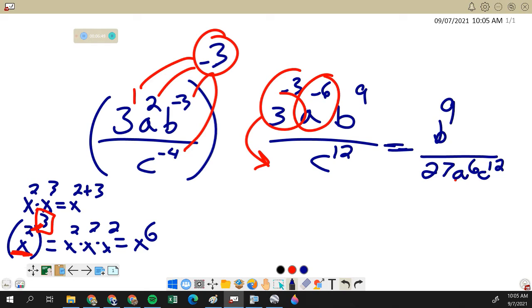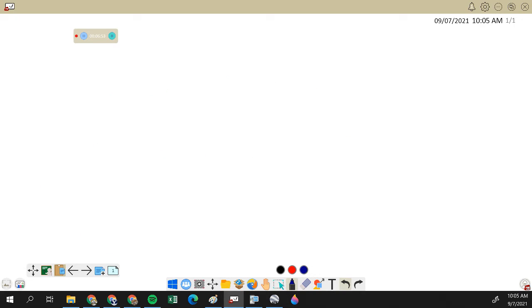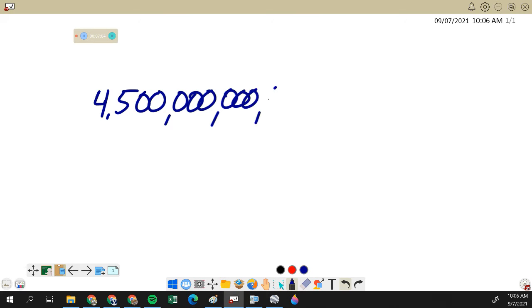All right, that brings us to scientific notation. If I have a big number, I can write this in a method called scientific notation that is much smaller.